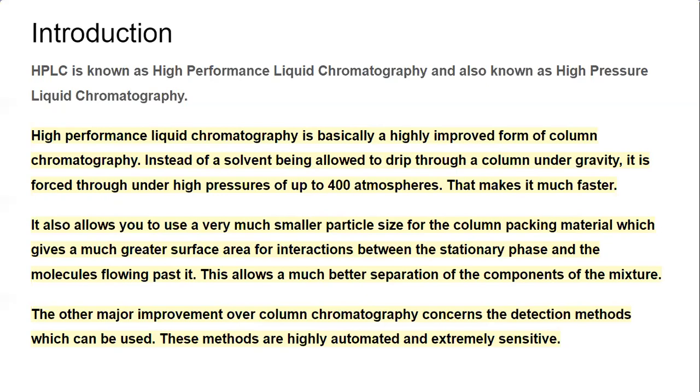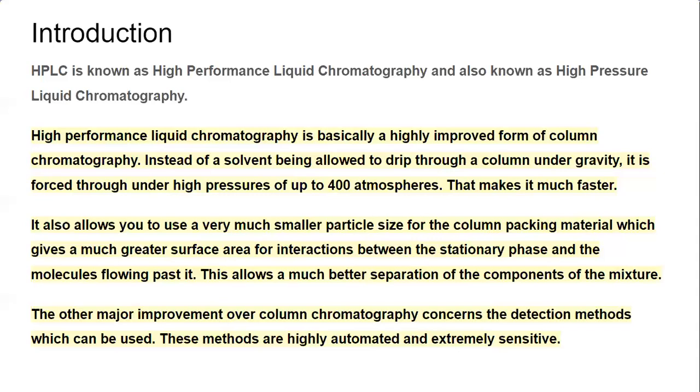Instead of a solvent being allowed to drip through a column under gravity, in column chromatography we first introduce the sample mixture on the surface of the column, followed by the mobile phase. That mobile phase percolates into the column through gravitational force. But here that is not going to happen. Here it is forced through under high pressure.